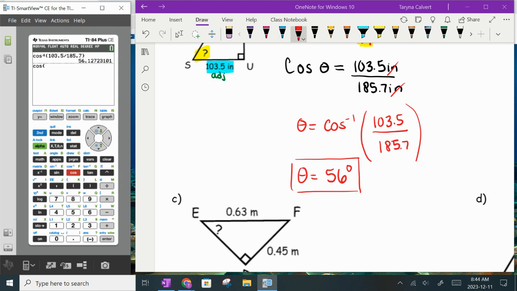Not very often do students do this, but it happens, right? They just do regular cos and type it in. And then they're like, what? My angle's 1 degree? That doesn't make sense, okay? So again, finding angles, it has to be the inverse button. So did everybody get 56 now? Normally what happens is students aren't in the right mode, not using the wrong button.